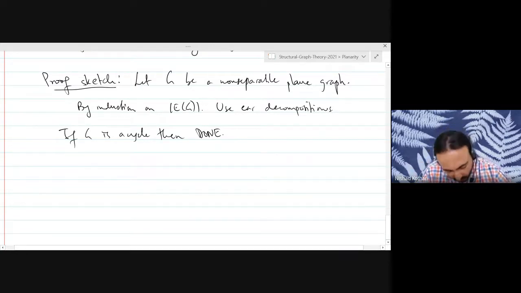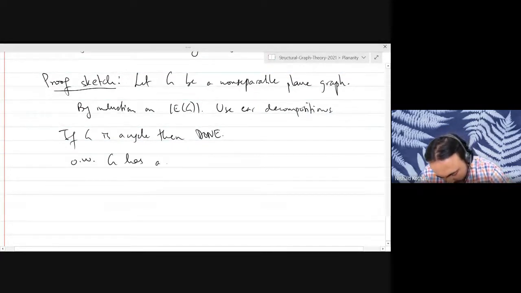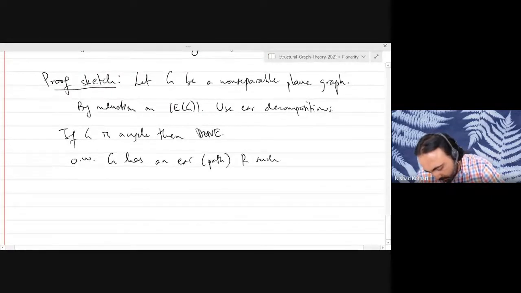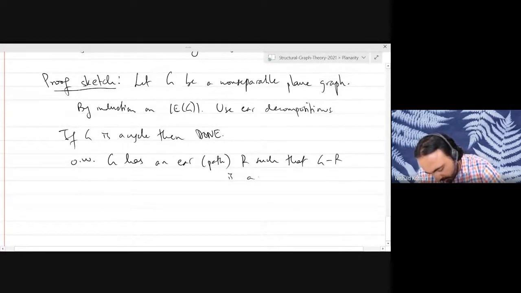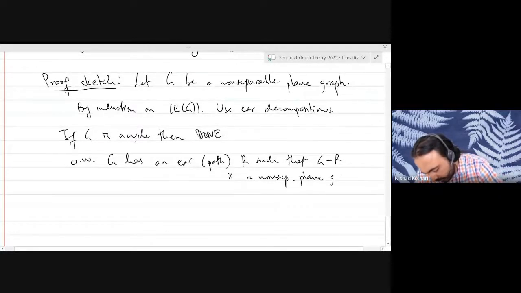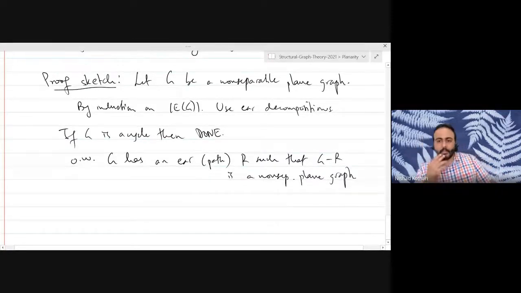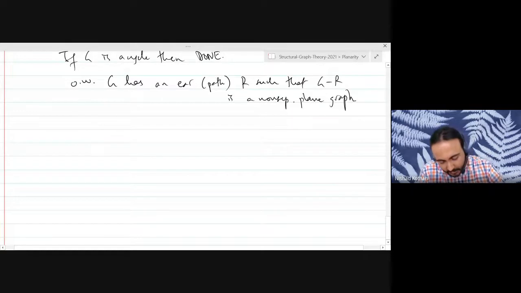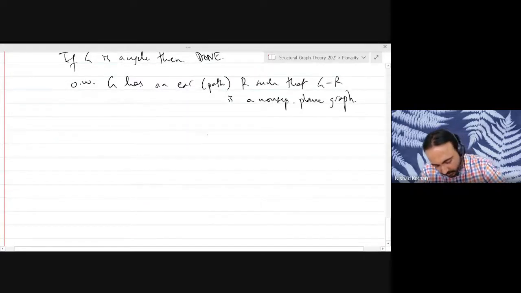Otherwise, G has an ear, which is basically a path R, such that G minus R is a non-separable plane graph. Okay, in fact, I don't think this is a proof sketch. I'm basically writing down a whole proof. Okay, so let's look at G minus R.